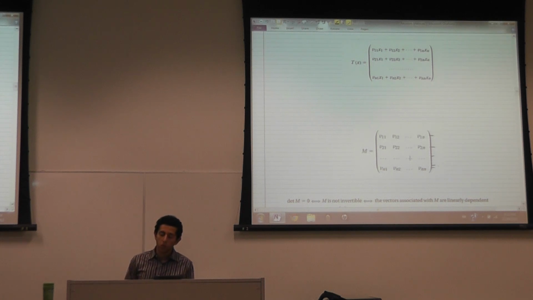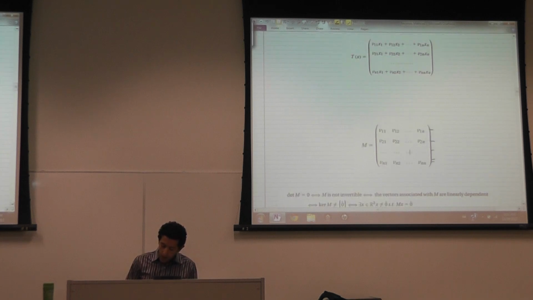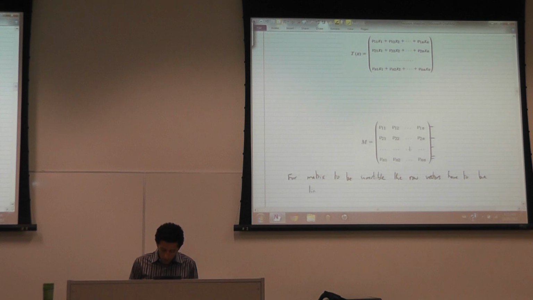For this matrix to be invertible, these vectors have to be linearly independent. The row vectors have to be linearly independent.